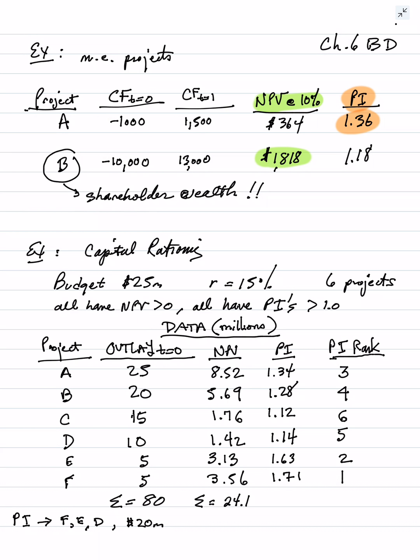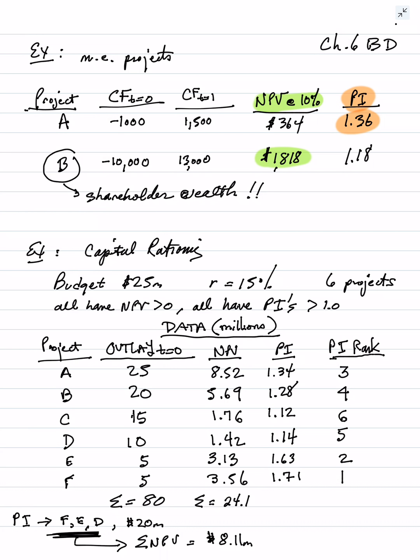Okay. Now look, what is the combined NPV of those three projects? You look at these 3 projects and add up the sum of their net present value, their net present value in combination, 3.56, 3.13, and 1.42. So that adds up to 8.11 million.